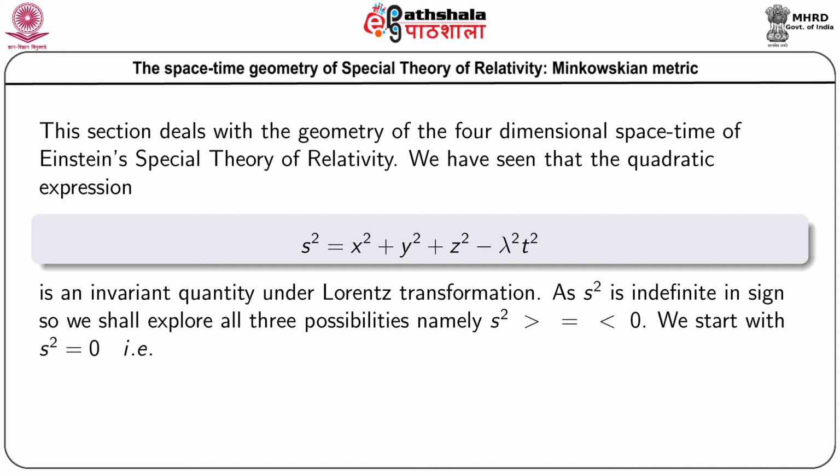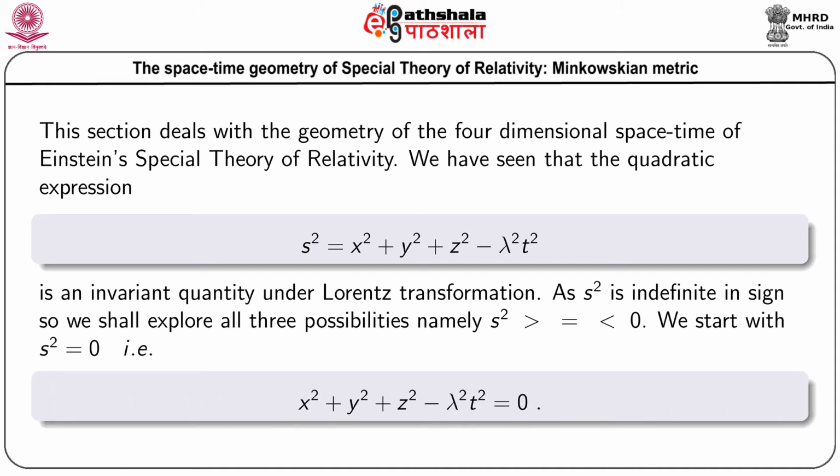Now, as s² is indefinite in sign, we shall explore all three possibilities, namely when s² > 0, s² = 0, or s² < 0. Now, we start with s² = 0, that is x² + y² + z² - λ²t² = 0.